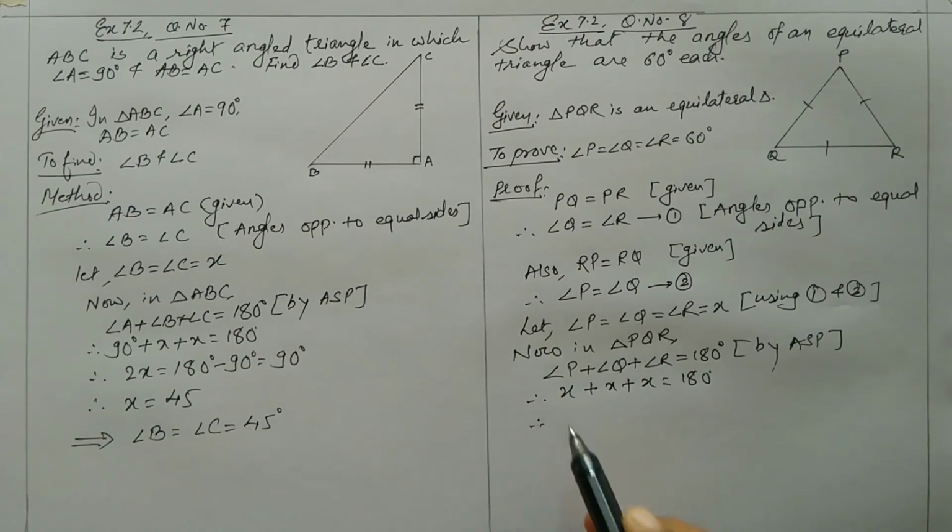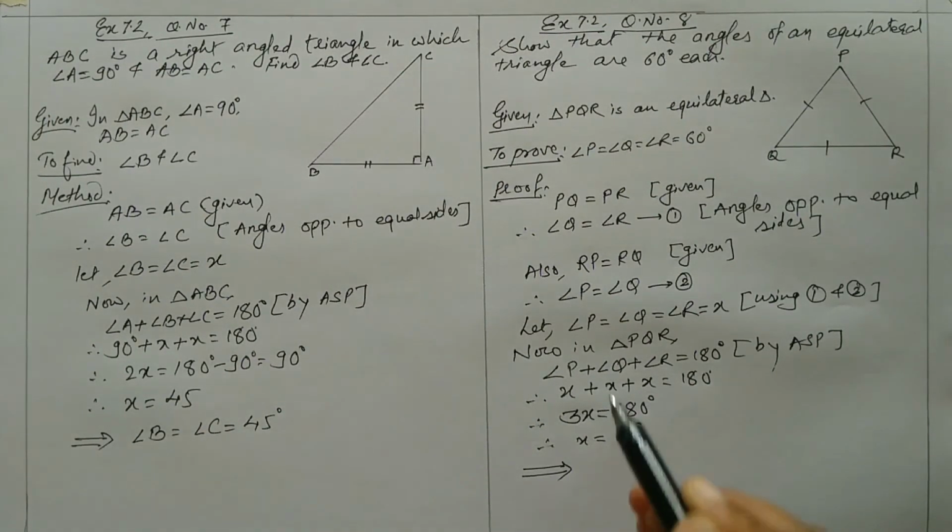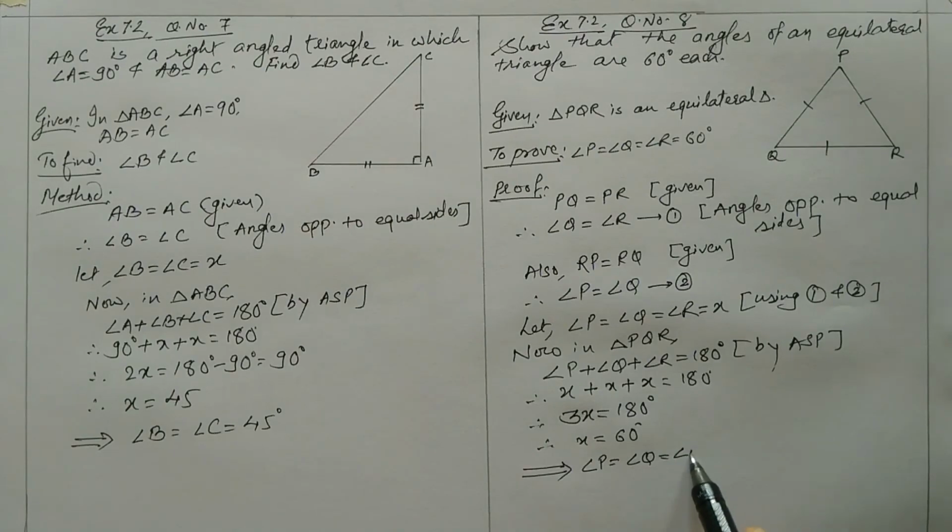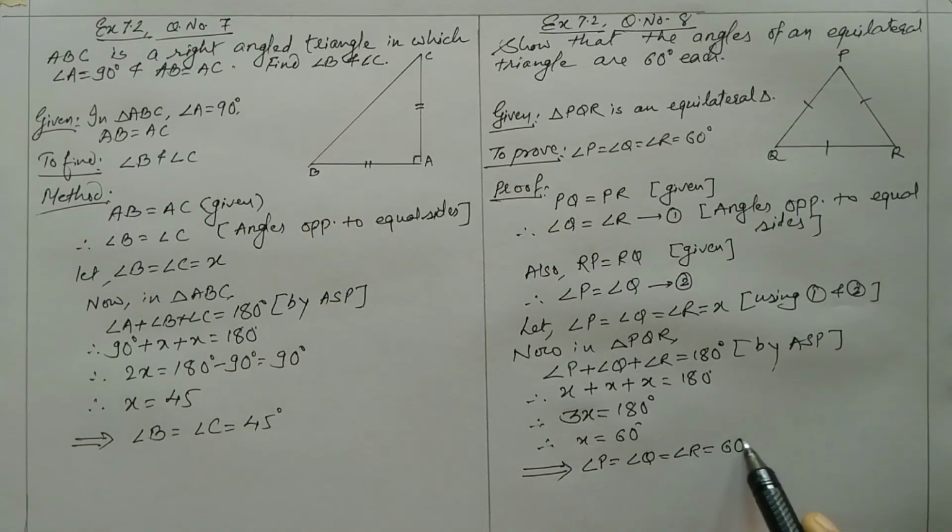So therefore 3x is equal to 180 degrees. Therefore x is equal to 60 degrees. So this implies that P, Q, R all are x. So angle P is equal to Q is equal to R is equal to 60 degrees. So hope you have understood this question number 8.